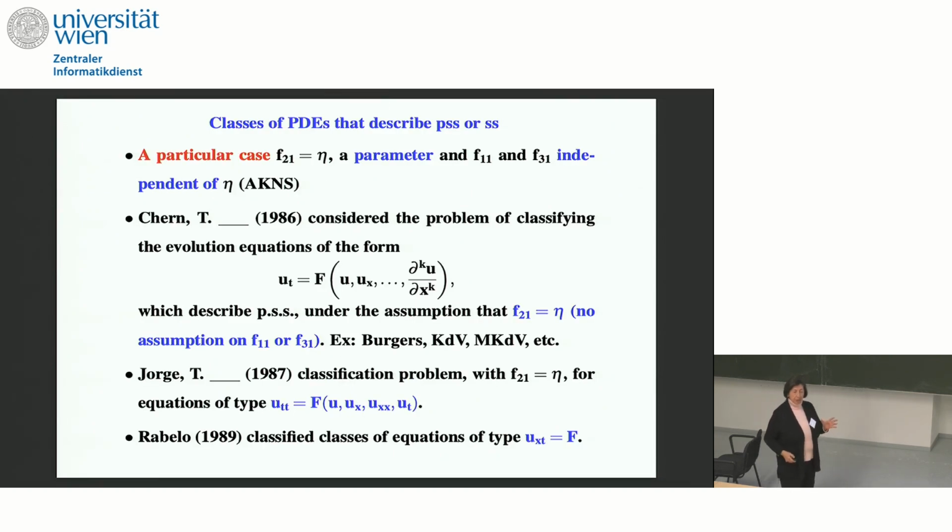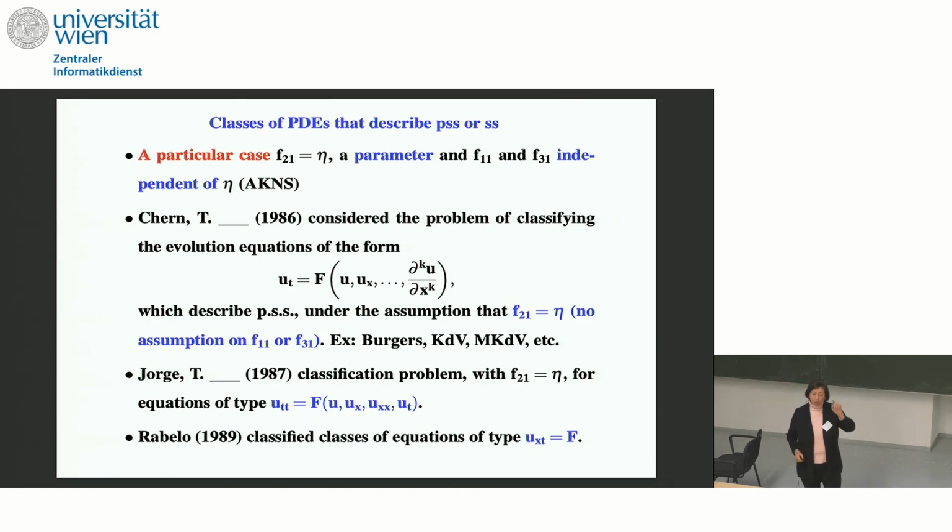Okay, now I will tell you a little bit about the story of these classification theorems. The first example: to try to attack the problem of finding all partial differential equations that describe pseudo-spherical surfaces is almost impossible. It's too big. And so what you do, you start imposing some conditions. The first one that we did was imposing that F21 would be a parameter. And this is because we were inspired by the AKNS method.